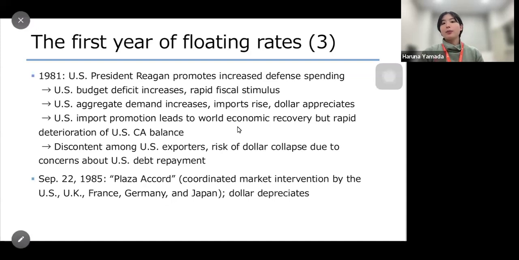So, this import promotion became a source of discontent among US exporters, and there was also the risk of a dollar collapse due to concerns about US debt repayment.